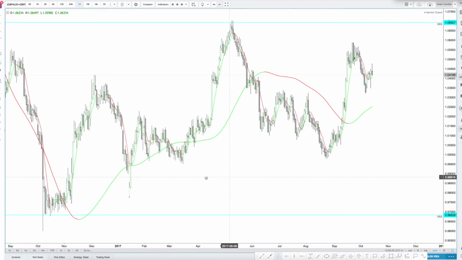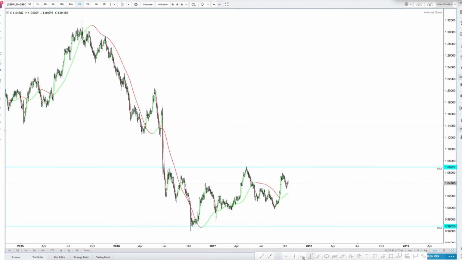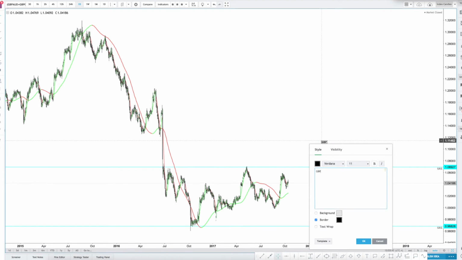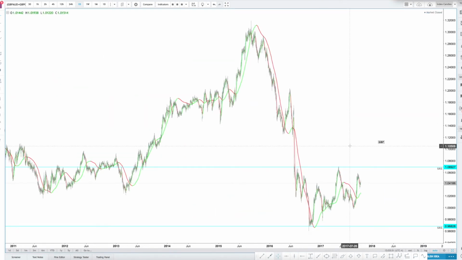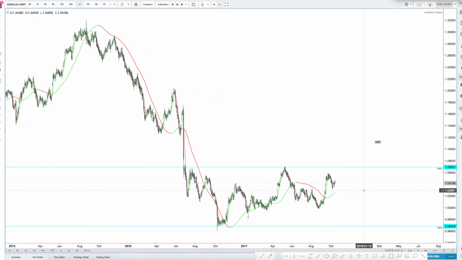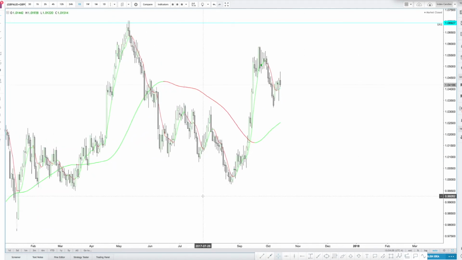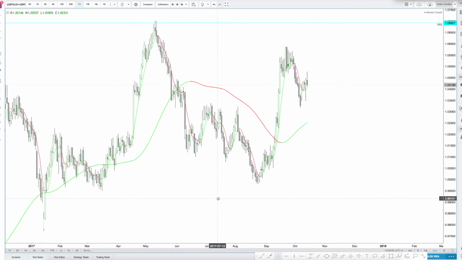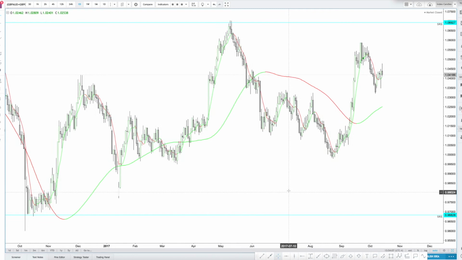Now zooming in, I'm gonna call it pound. All right, so British pound. Let's zoom in. Let's see, about a year. So we're looking at the year here.